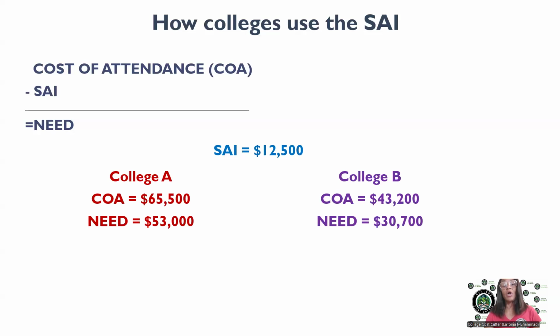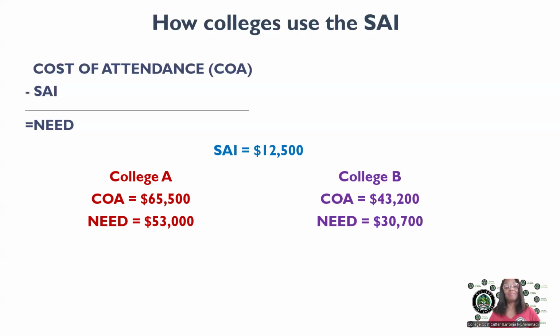College B has a cost of attendance of $43,200. That calculated need would be $30,700.